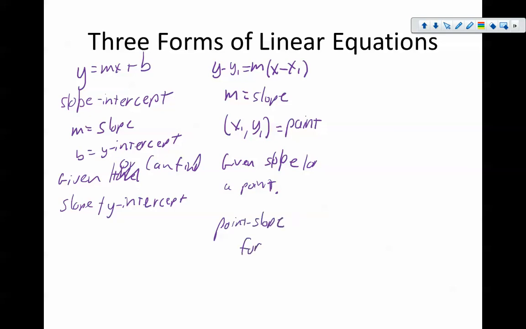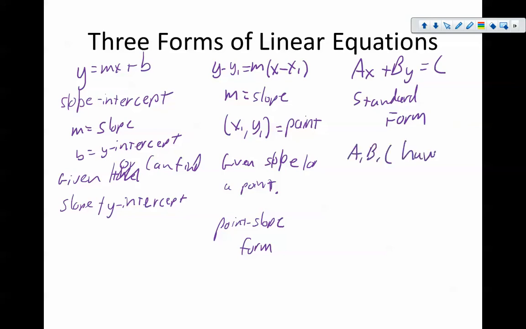And notice that these things are not particularly creatively named, right? This one's slope and intercept. This one's point and slope. The name of the form tells us the information we need to know. This last one is ax plus by equals c. It's called standard form. You did some graphing of these in the last lesson. The a, the b, and the c have no special meaning.